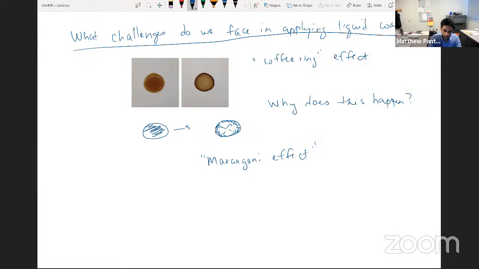The principle of the Marangoni effect is that a surface tension gradient causes flow.